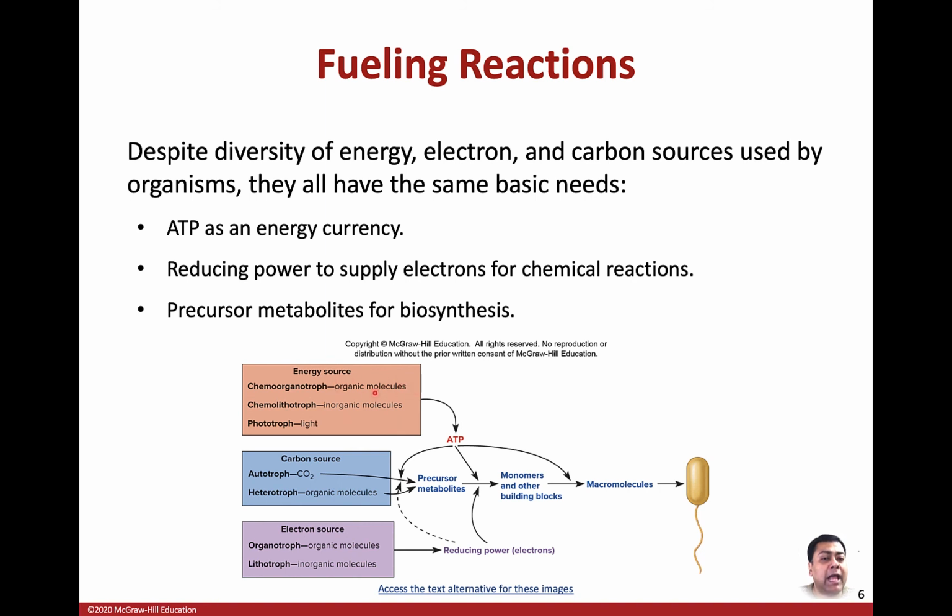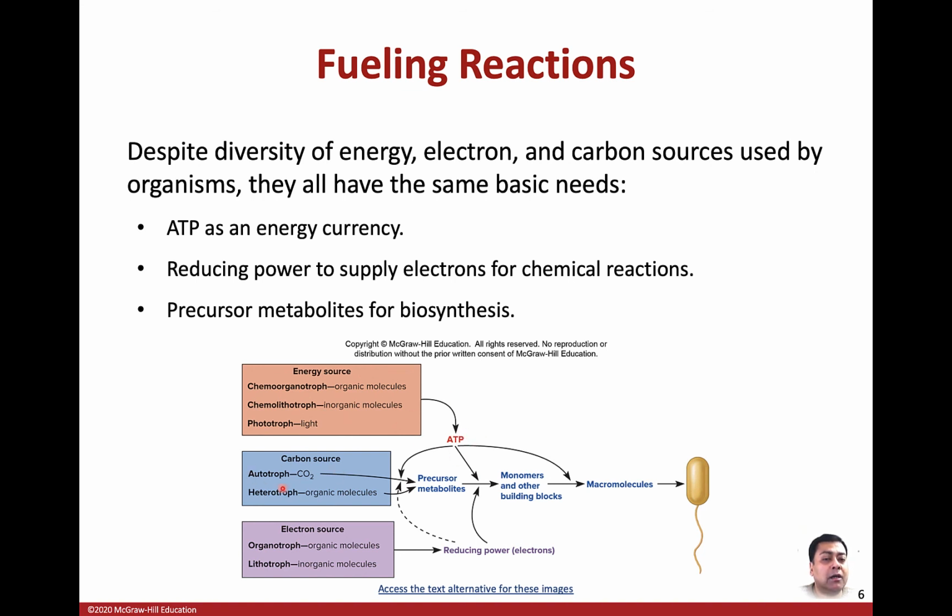Organic molecules already have energy inside them. As that organic molecule is being broken down, the energy is released to form ATP. For inorganic molecules, when these reduced inorganic molecules are oxidized, that releases the energy used for making ATP, whereas the phototrophs use the light source to produce ATP.